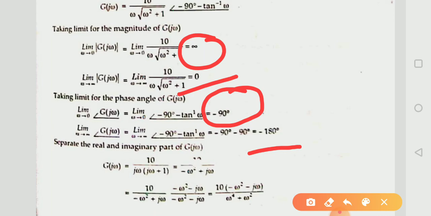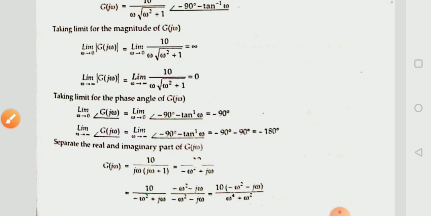So if we want to find out where it cuts the imaginary axis, for this we need the real part equal to 0, and if we make the imaginary part equal to 0, then by this we can find the value of omega at which the polar plot cuts the real axis.